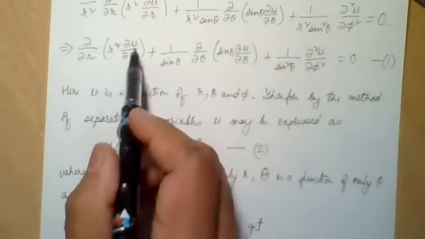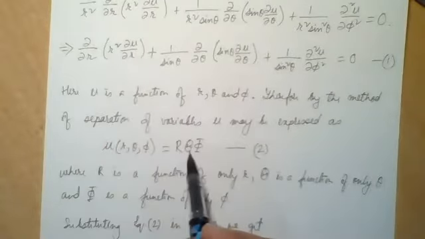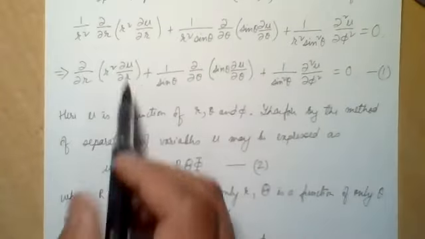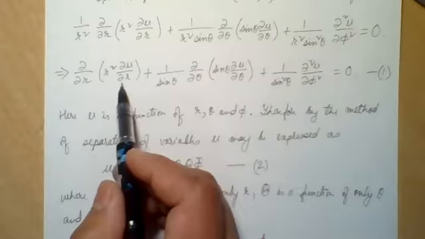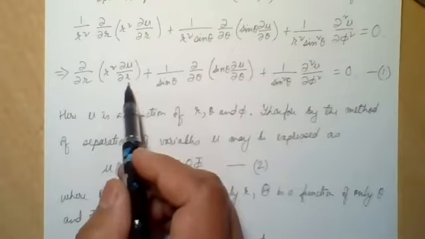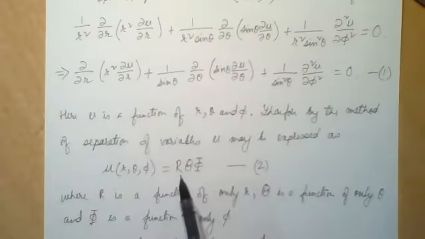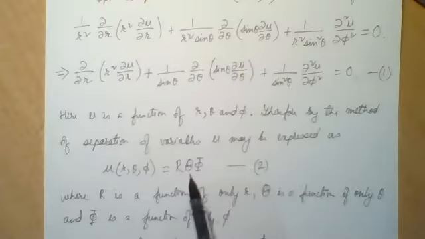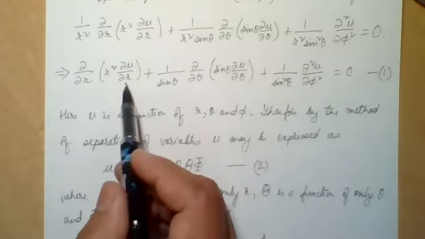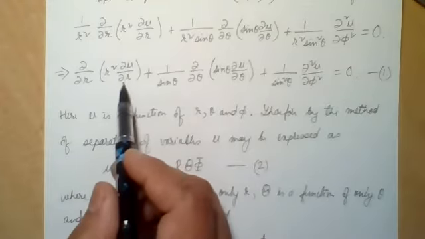so let us substitute u equal to R, theta, and phi. So here the partial derivative is with respect to small r, and here only capital R is a function of small r. The remaining capital theta and capital phi are not functions of small r. So when we differentiate with small r, we can take capital theta and capital phi outside.